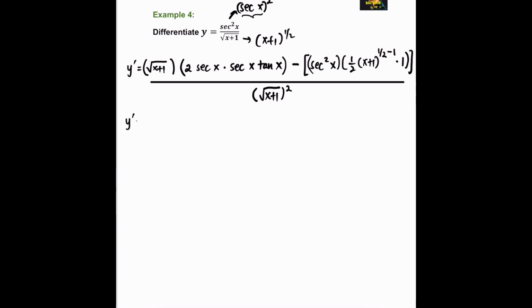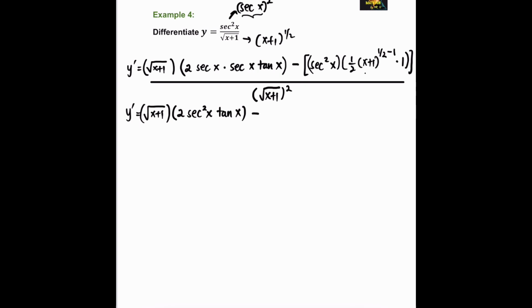So y prime equals, so let's simplify first this part. So we copy a square root of x plus 1. All right, so we copy 2. Secant x times secant x is secant squared x. And then we just simply copy tan x. Minus, we simplify what's inside the bracket.